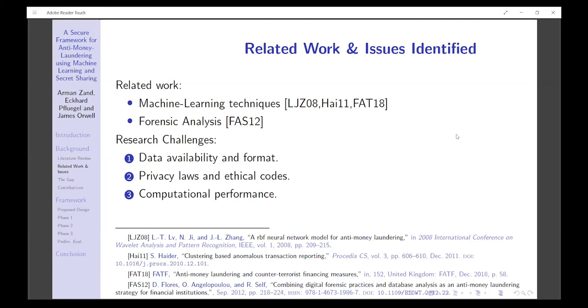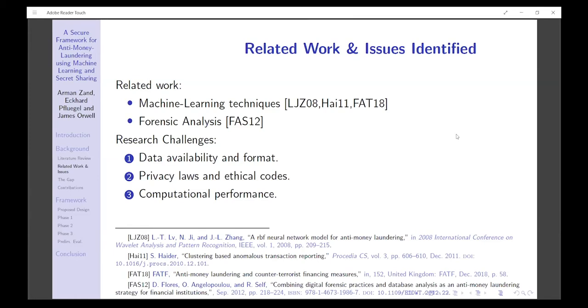Some people might implement something and not be very careful, or some of them don't know how to go about doing this anti-money laundering scheme. There's also a lot of data involved.